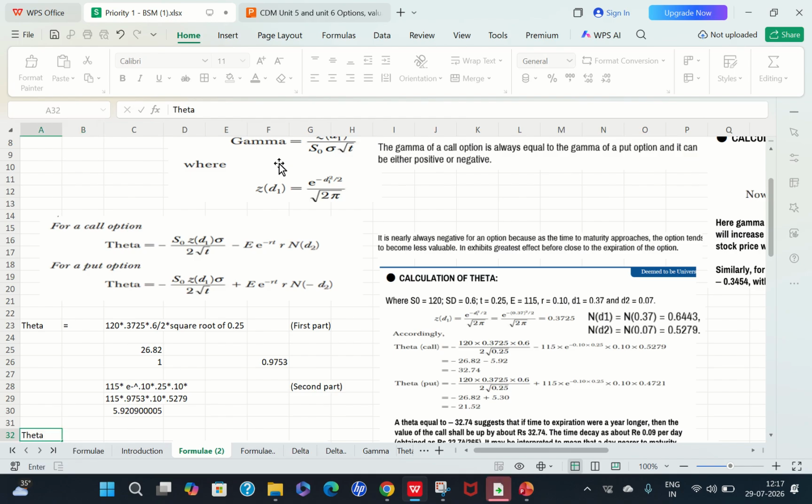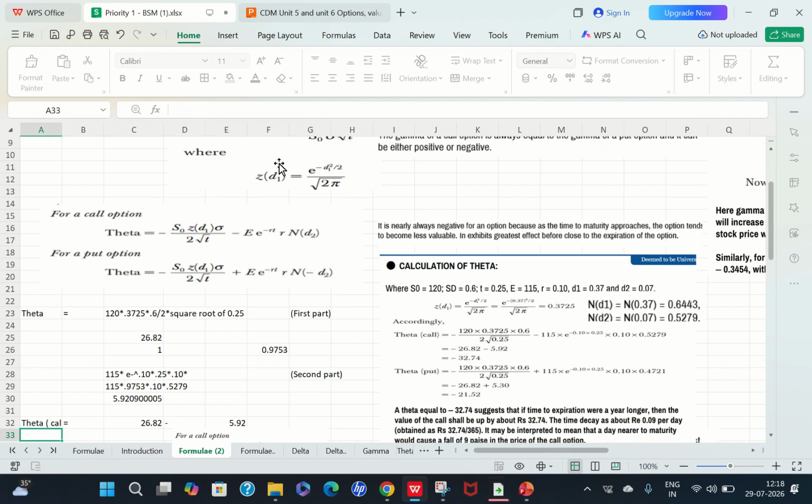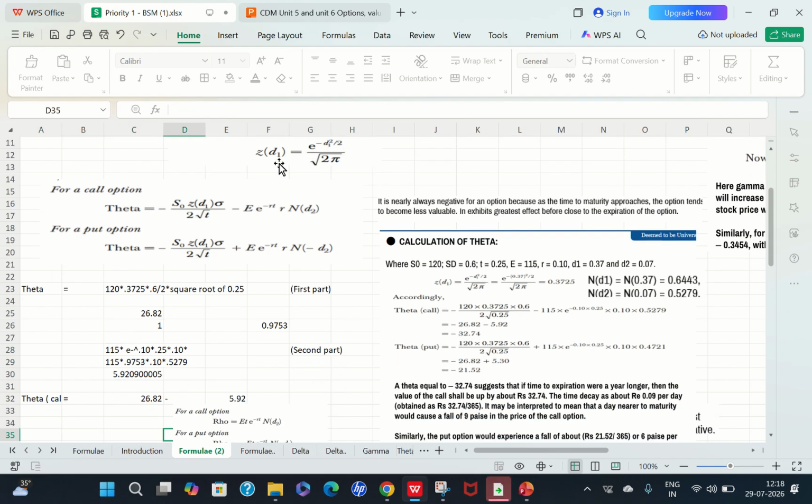So theta call is basically 26.82 minus 5.92. Sorry, this is also minus, right? Forgot. So minus it is. So it is minus 32.74.